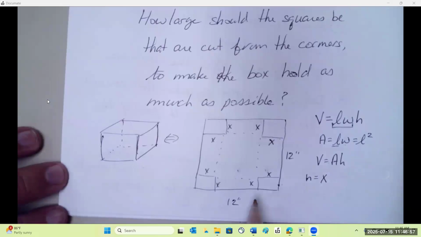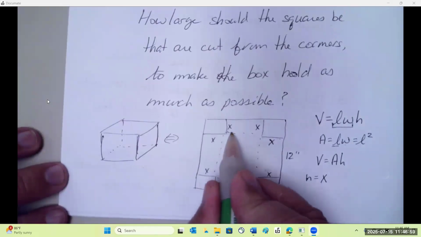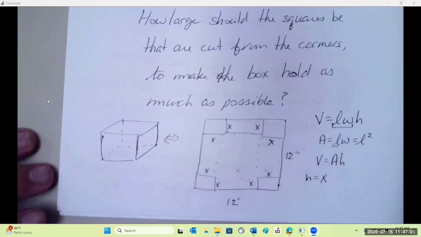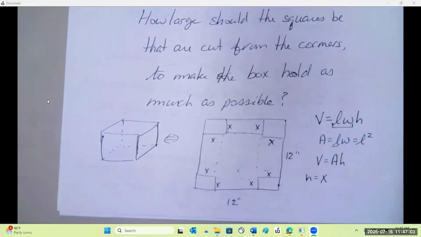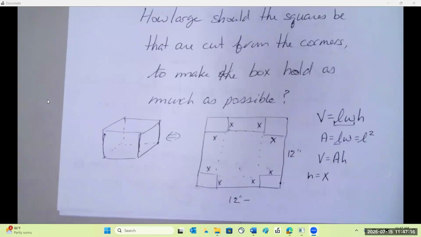So what would be the dimensions of this piece of tin that we cut? The overall length is 12, right? But what do we have to get rid of on each side? Here's the length.